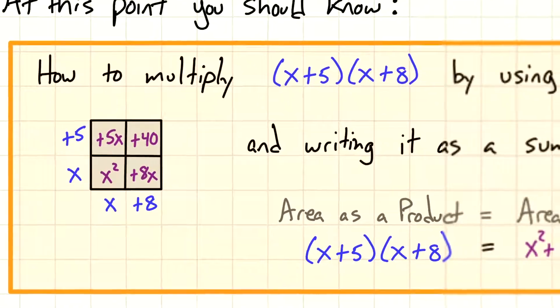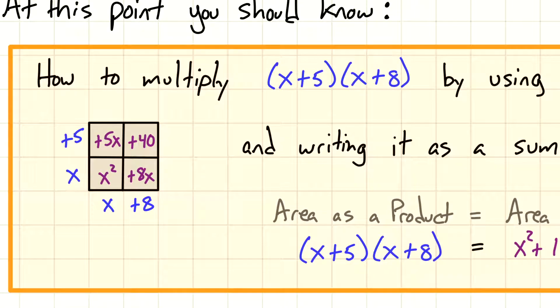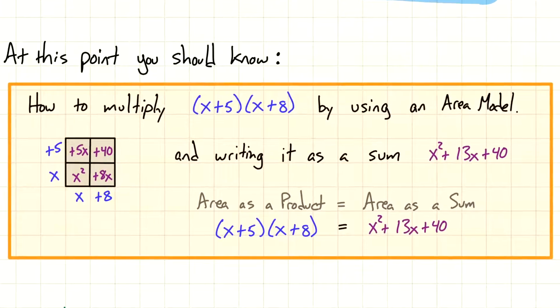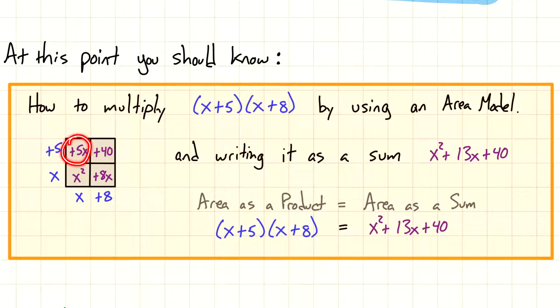If we look closely at those terms, you should see that within the area model, there are a couple of terms that are the same, or like terms. We have a 5x and we have an 8x. Those are two terms that we could combine together.